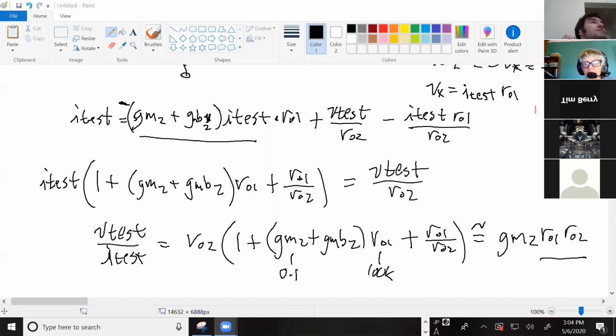So the reason why I use VBS instead of VSB is because that's how my textbook did it. I think the sign convention inside the VT equation, I should go back and look at that. I'm going to put that on my list of to-dos to figure out that sign.